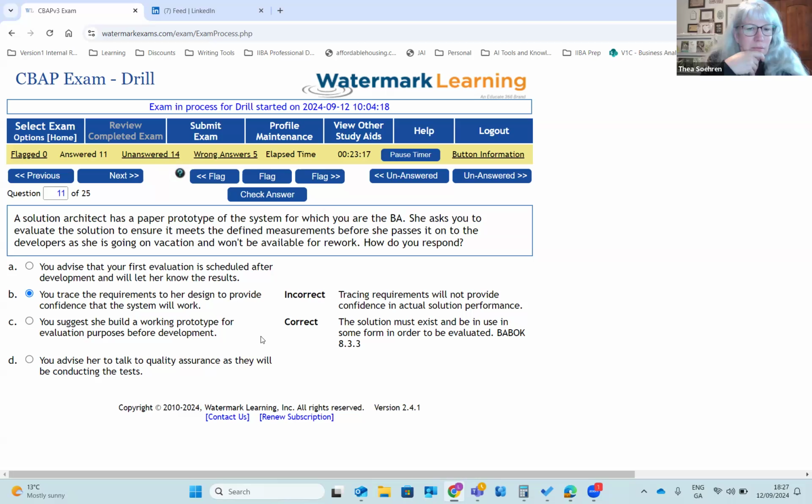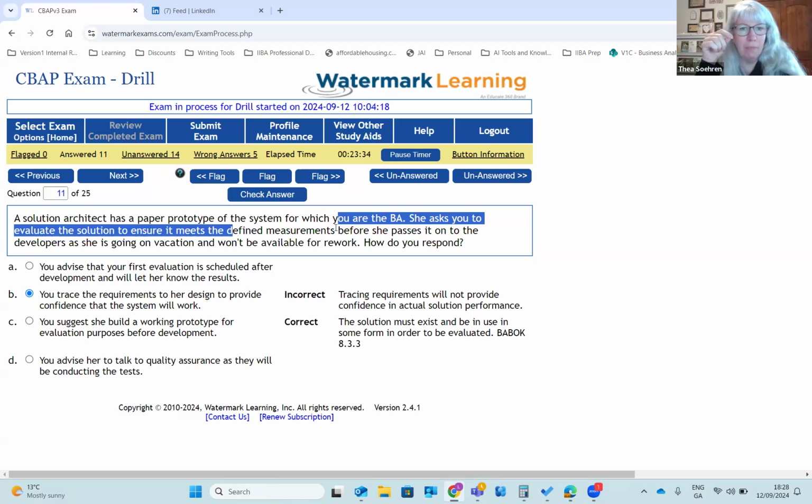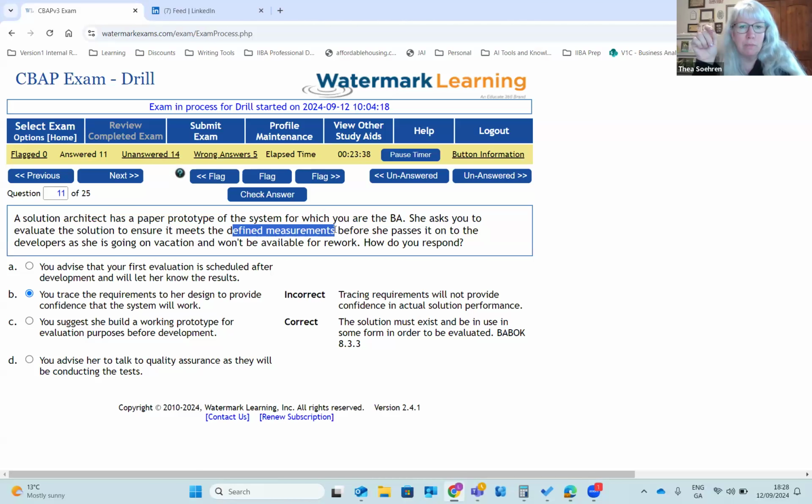I think there is a paper prototype, like just a mock-up. I think what we missed is that it meets the defined measurements, because we can say it meets the requirements on paper, but until it's actually doing something, we can't actually measure it. Oh, before it is developed. Yeah, that makes sense.